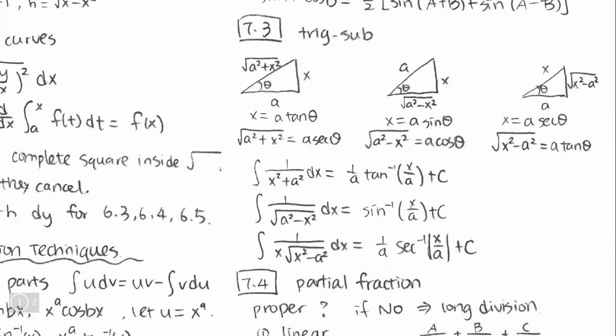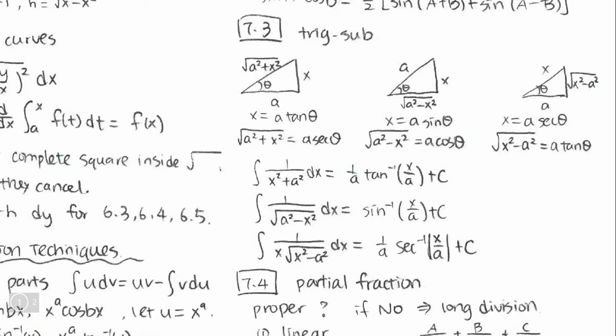Next, we're going to have 7.3, the hardest section in Calculus 2, trig substitution. We only have 3 kinds of trig substitution. They are sine, tangent, and secant.